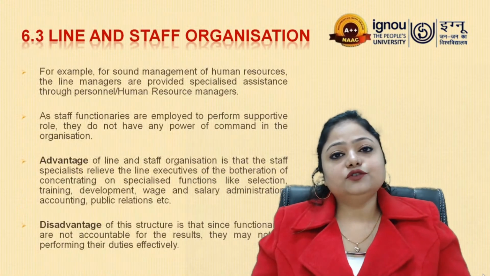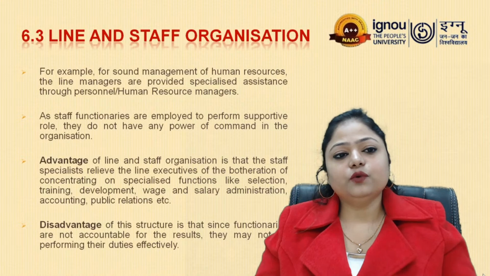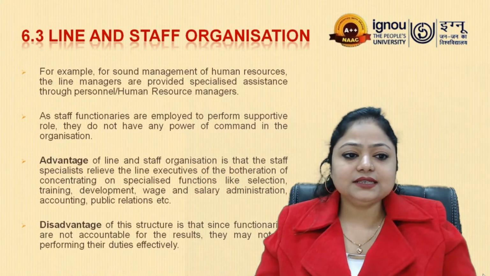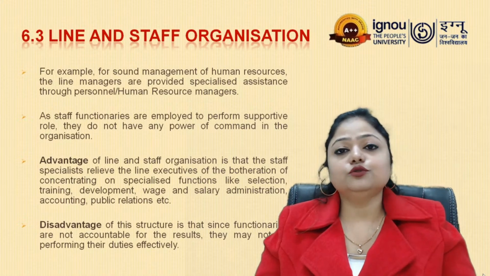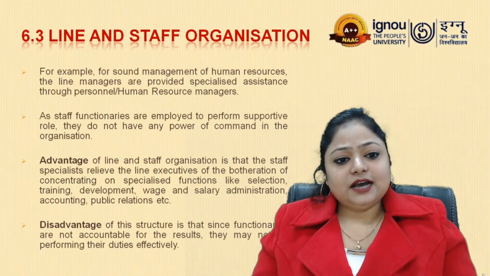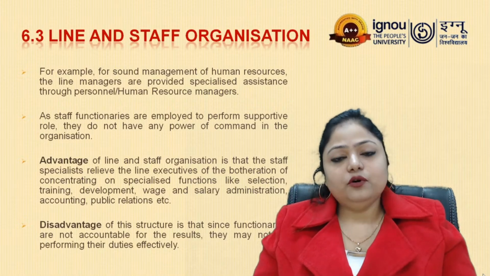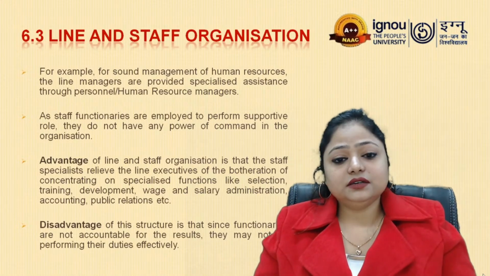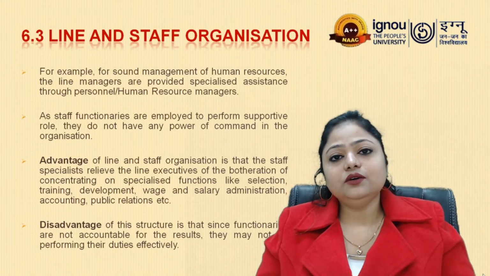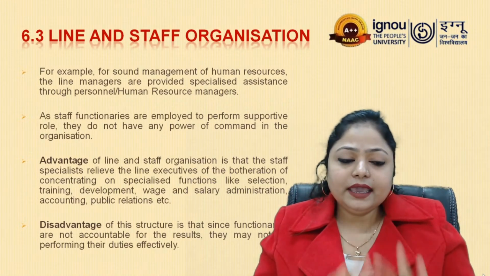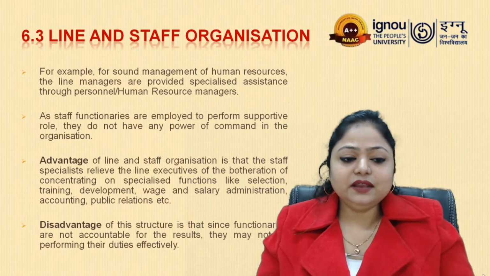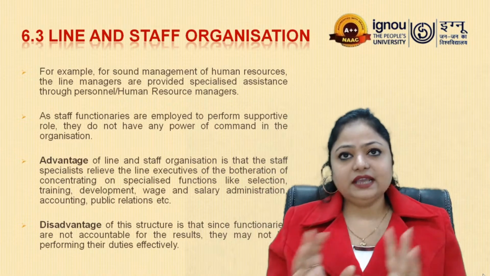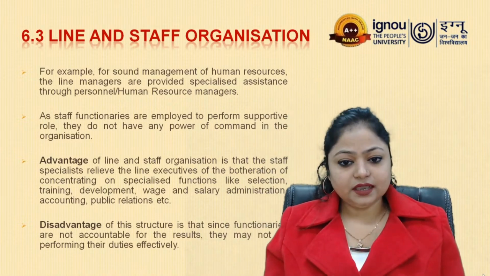For example, for sound management of human resources, the line managers are provided with specialized assistance through personnel or human resource managers. As staff functionaries are involved in performing supportive functions and a supportive role, they do not have any power of command in the organization. The command again resides in the hands of the line manager. So, what advantage does this line and staff organizational structure pose?